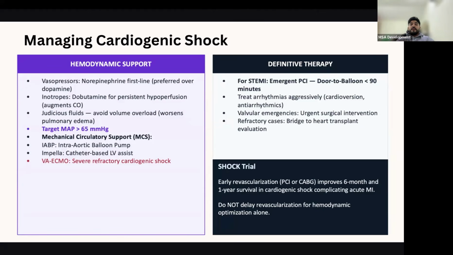And if it's refractory, then you need to, of course, bridge it to heart transplant evaluation. So you need to keep in mind early revascularization of the heart, either with a PCI or CABG, will improve the 6-month and the 1-year survival in cardiogenic shock patients that's been complicated from acute MI.